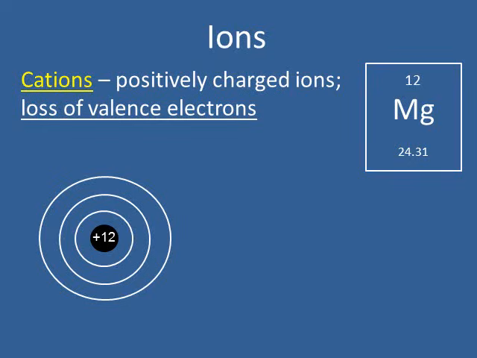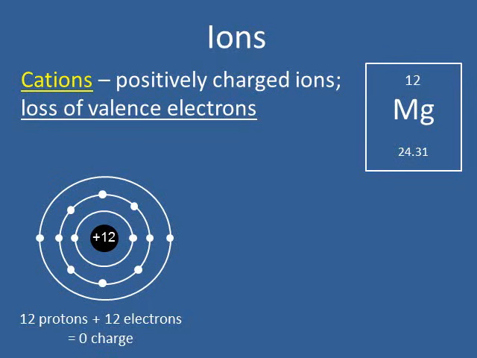Positively charged ions are called cations, as in the case of magnesium, which results from a loss of valence electrons. Atomic number 12 for magnesium means that it has 12 positive charges in its nucleus and a total of 12 negative electrons surrounding it.